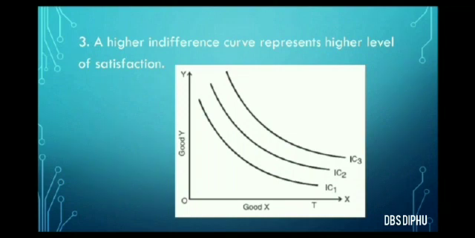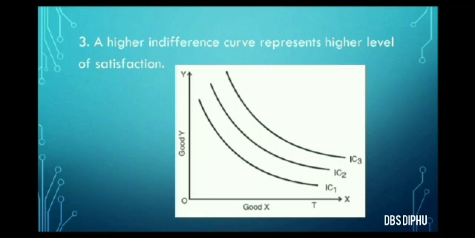In the diagram, you see here the combination of goods denoted by the higher indifference curve IC3 represents a higher level of satisfaction than the combinations of goods denoted by the lower indifference curves IC2 and IC1. This is because the combination on the IC3 indifference curve contains more of goods X and Y than the lower indifference curves IC2 and IC1. IC means indifference curve.